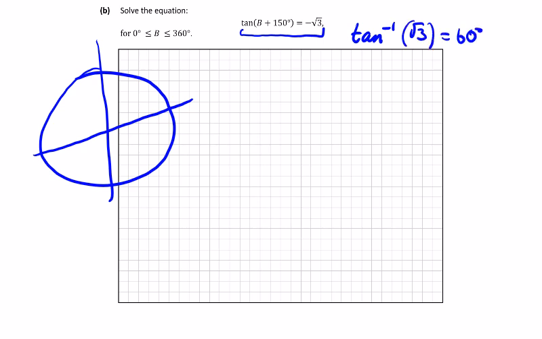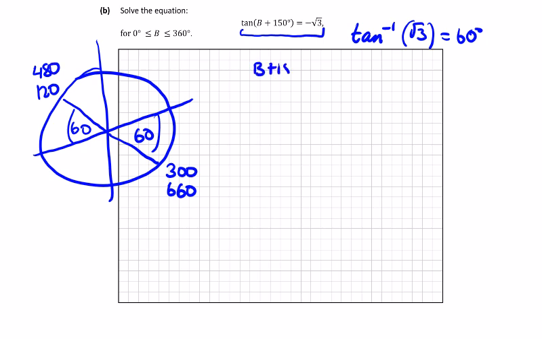So let's see, does this work out if we do our 60 degrees in here and our 60 degrees in here, because tan is positive in the other two. So this is going to be 300 and 660. This is going to be 120 and 480.